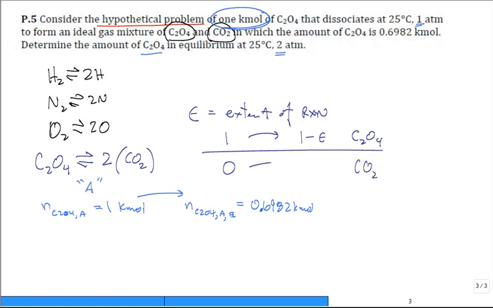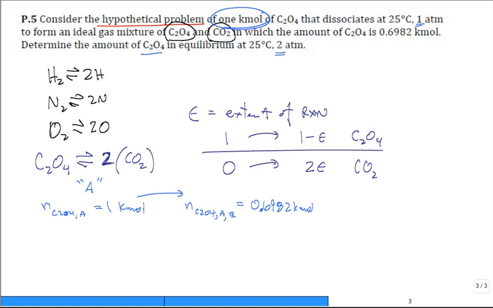At the end, in terms of epsilon, the extent of the reaction, how many CO2s do I have in the mix? 2 epsilon. Because if 0.1 actually dissociated, how many do I get? For every 1 mole of C2O4 that actually dissociates, I get 2 CO2s. Just like for every H2, I get 2 H's, and for every O2, I get 2 O's.